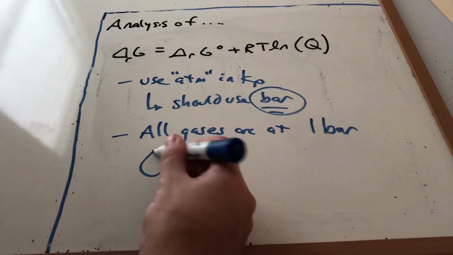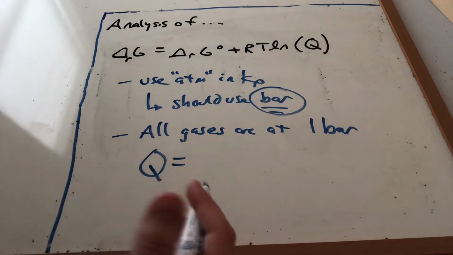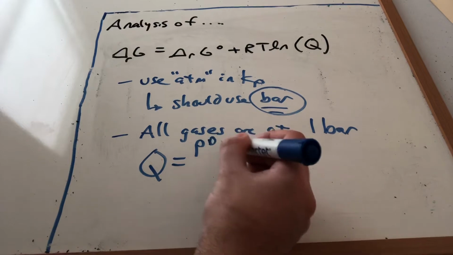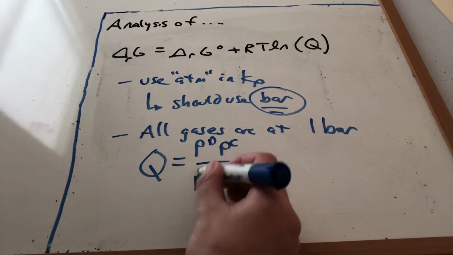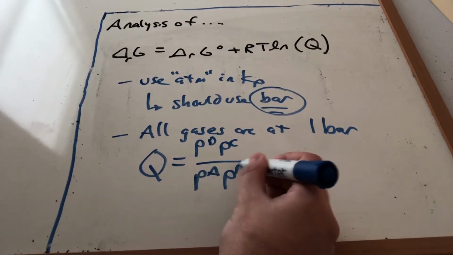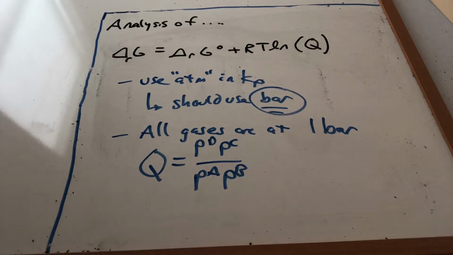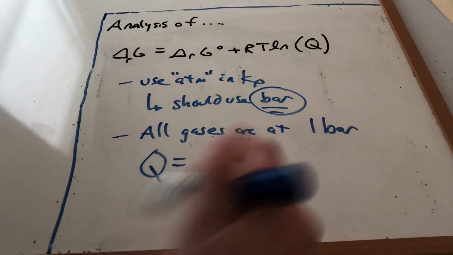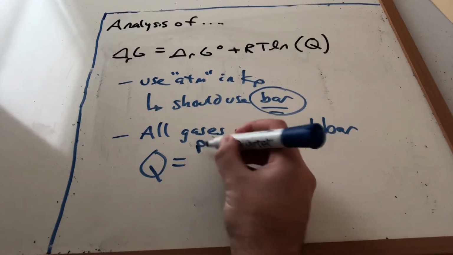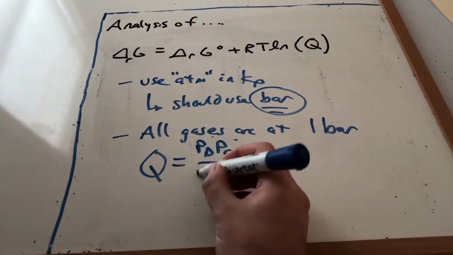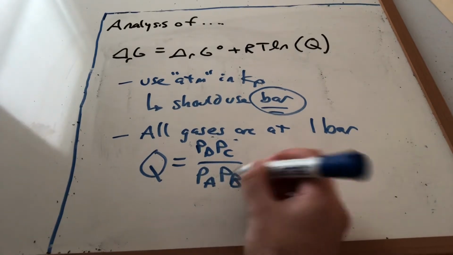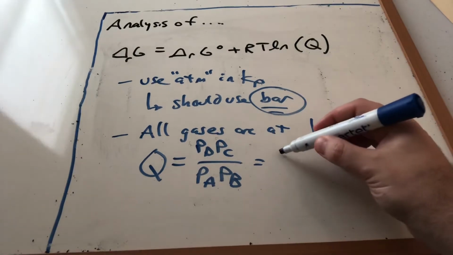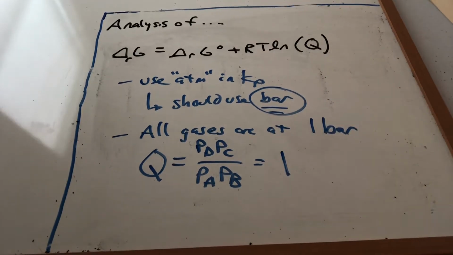Well, if you think about what happens here, Q, remember how we have it set up. Looks like your pressure of your products over your pressure of your reactants. So let's say we still have products D and C, and we have reactants A and B, right? If all our gases are at 1 bar, then we know that our reaction quotient is 1, okay?